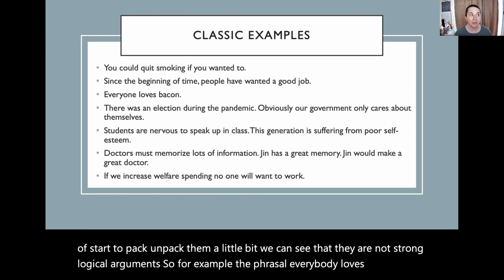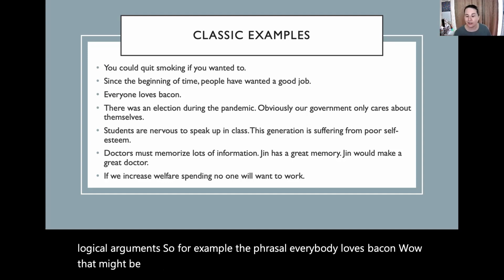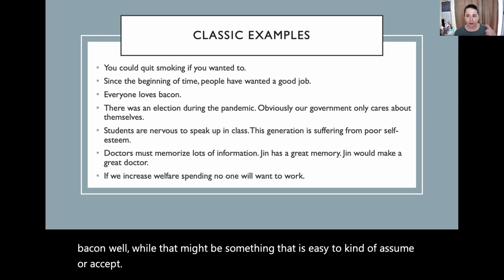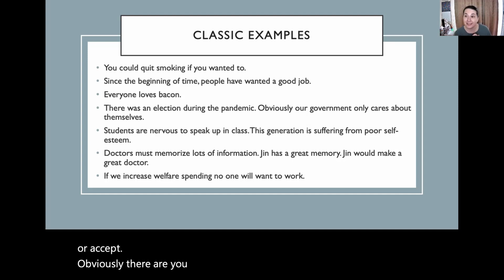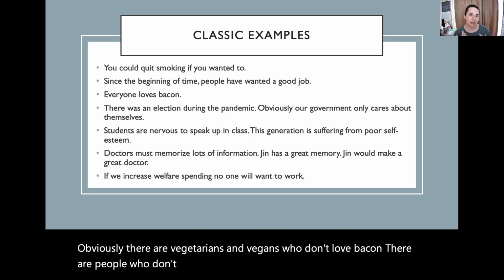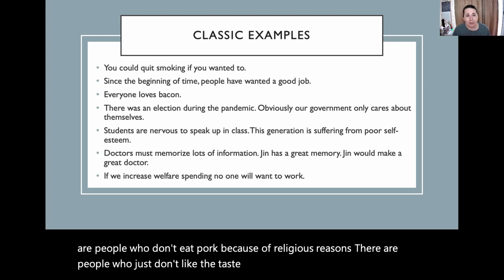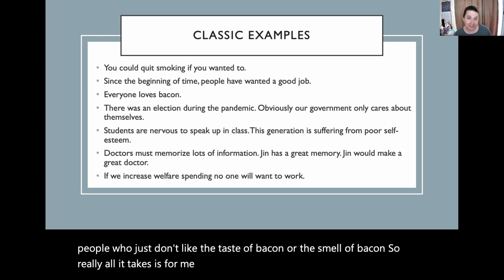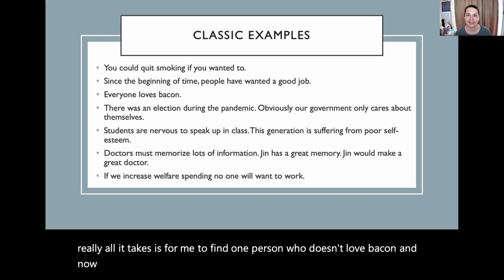Well, while that might be easy to assume or accept, obviously there are vegetarians and vegans who don't love bacon. There are people who don't eat pork because of religious reasons. There are people who just don't like the taste or the smell of bacon. So really all it takes is for me to find one person who doesn't love bacon, and now everyone is invalid.